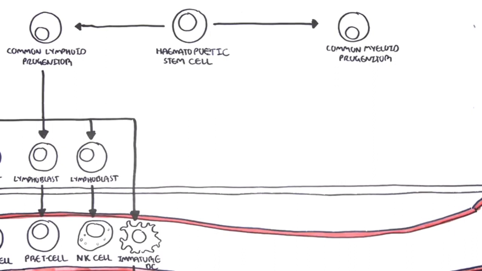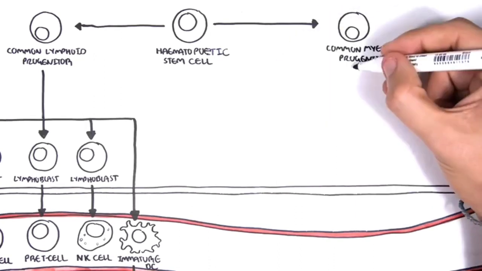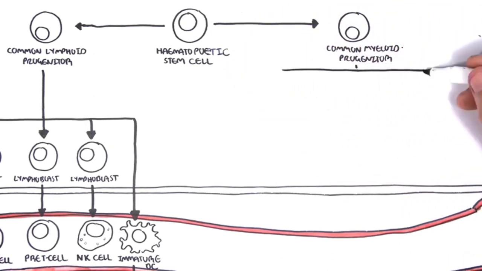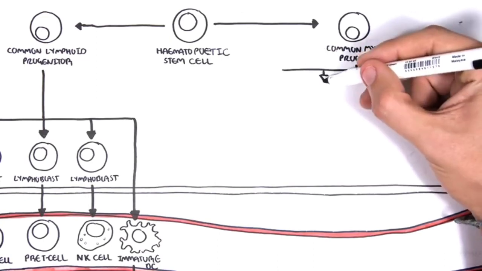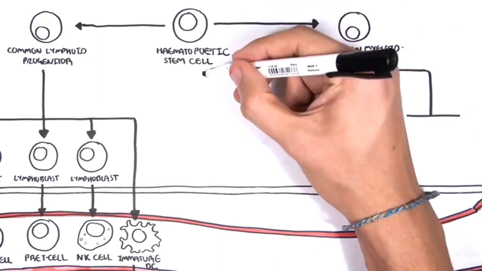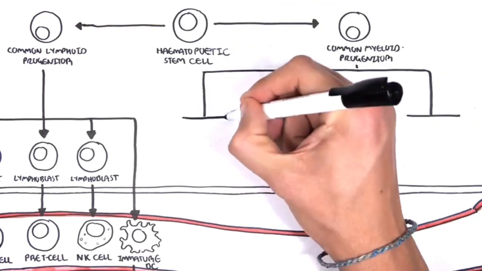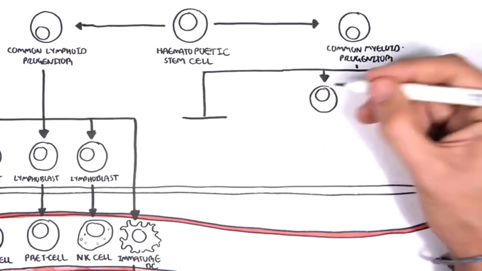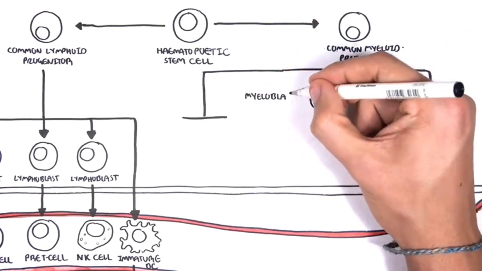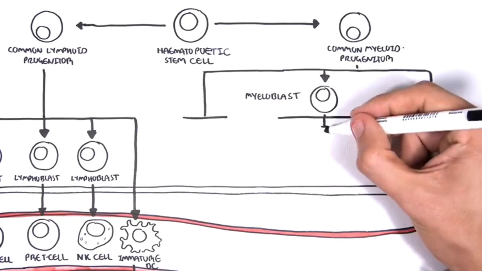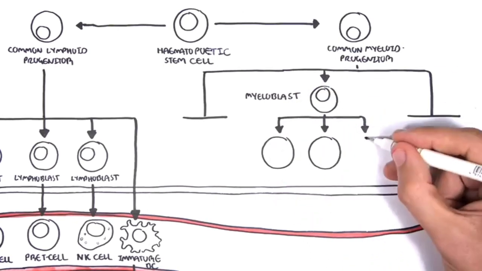There are different maps of hematopoiesis that depict common myeloid progenitor cell differentiation, but now I'm going to show you what I think is the easiest. Anyway, the common myeloid progenitor cells can become myeloblasts and eventually become granulocytes.